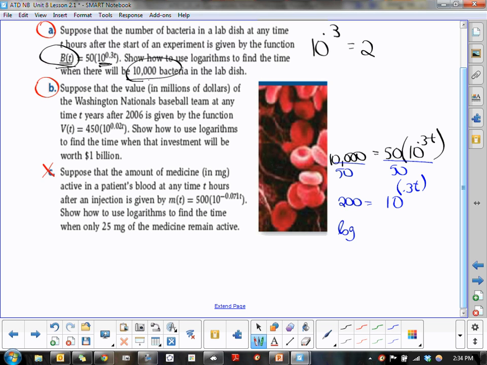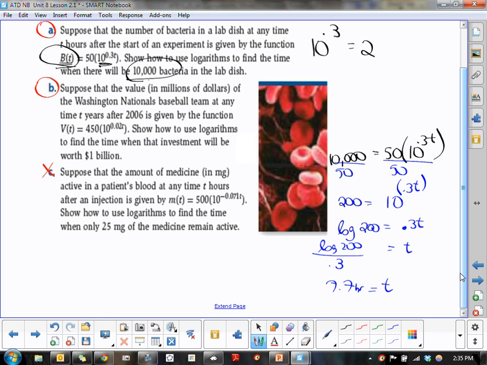The logarithm of base 10, or common logarithm, of 200 has to be your exponent 0.3 T. That means our time has to be whatever the log of 200 divided by 3/10 is. 7.7 hours, basically. In about 7.7 hours, we can take 50 bacteria and have them multiply to a population of 10,000. That's why we need logarithms.